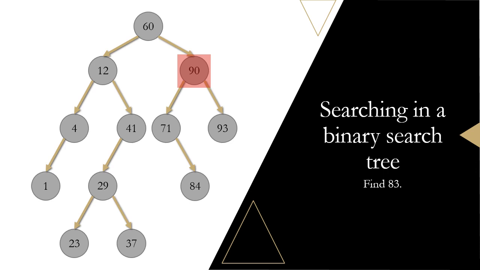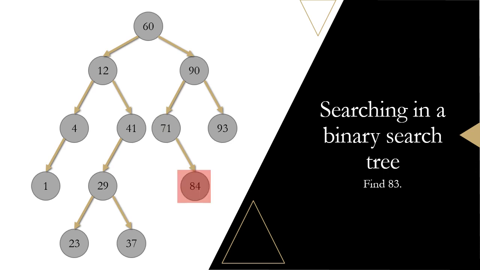Again I compare 83 with 90, and since 83 is smaller, I will move to the left subtree of 90. So I will call the search function again for 71. Now I compare 83 with 71, and since 83 is larger, I call the search function again for the right child of 71.